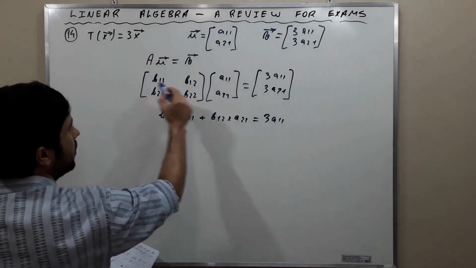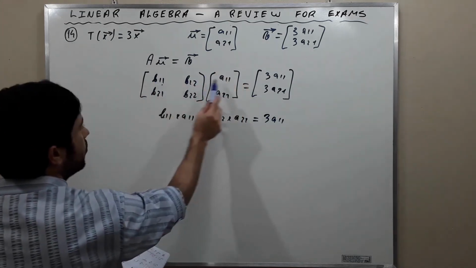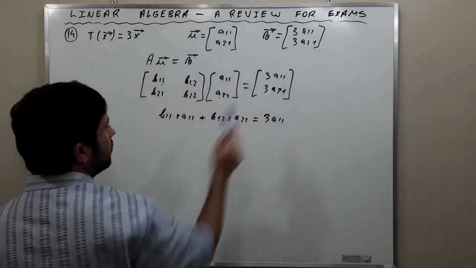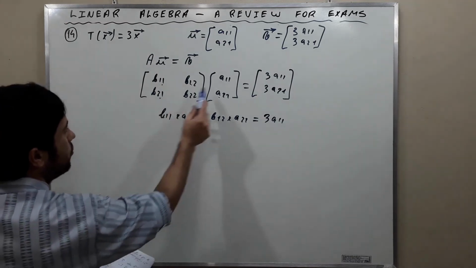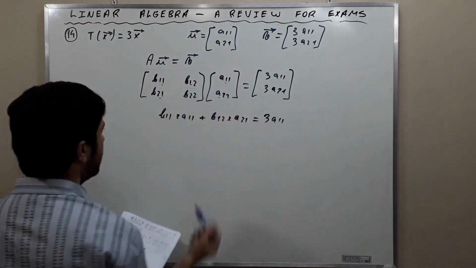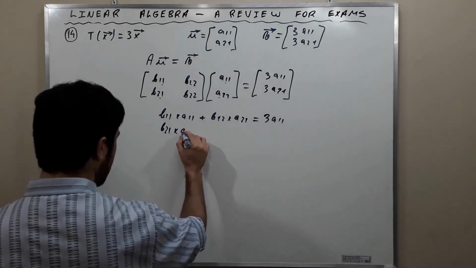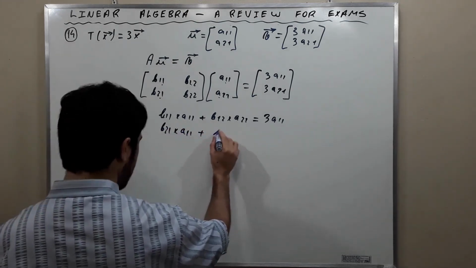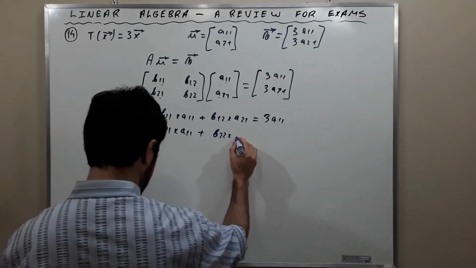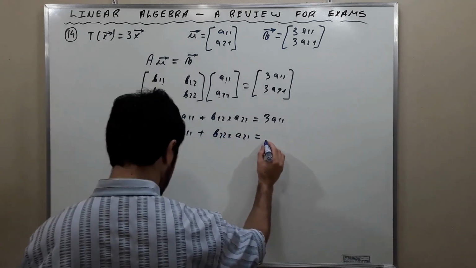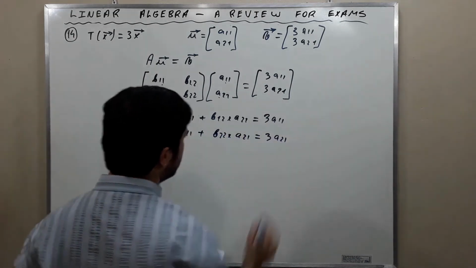We multiply this by this, this with this, and it is equal to this. Now b21 times a11 plus b22 times a21 equal to 3 a21.